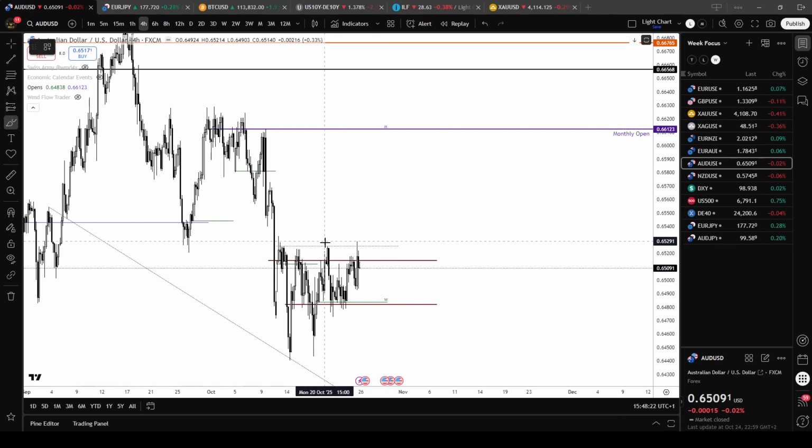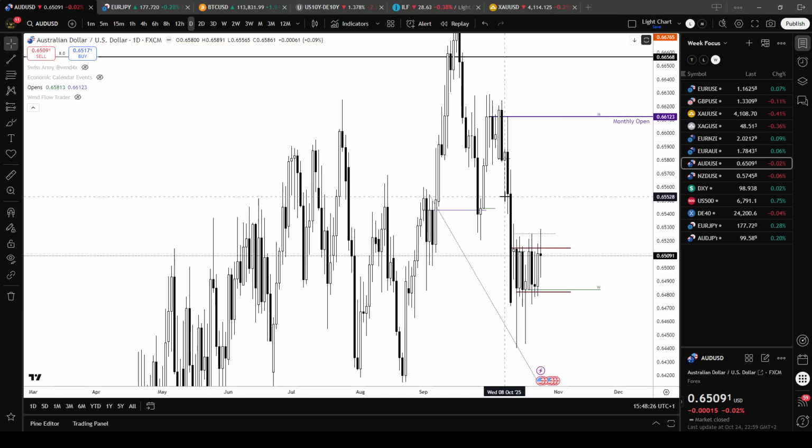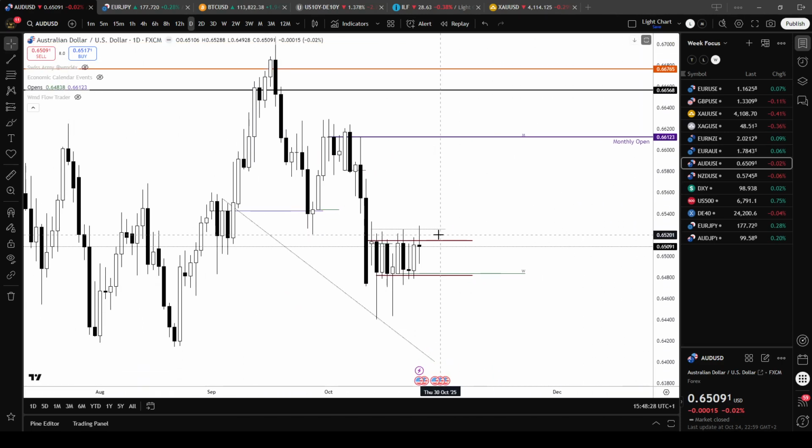Okay, but I still think that this structure is really, really important and really, really bullish. And the moment you see a daily close above this range, that will be my trigger to know, okay, the market has shown its hand, it's clearly bullish, and then you go into the lower time frames and you get an entry.